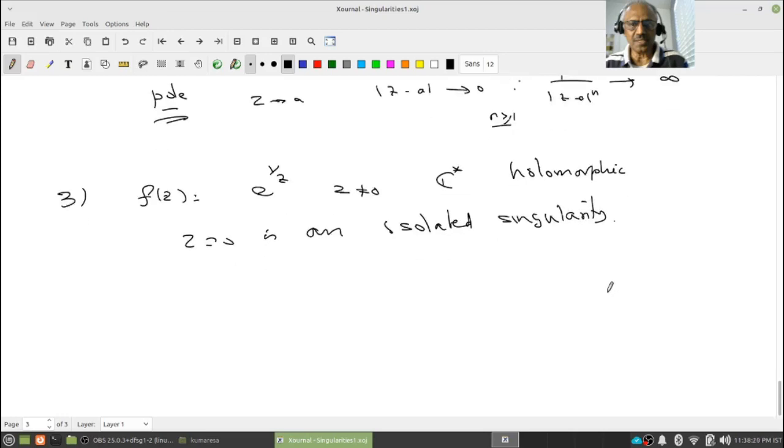Now this is neither a pole nor removable. How do I prove that? I have to prove the limit as z goes to 0 of e power 1 by z does not exist.